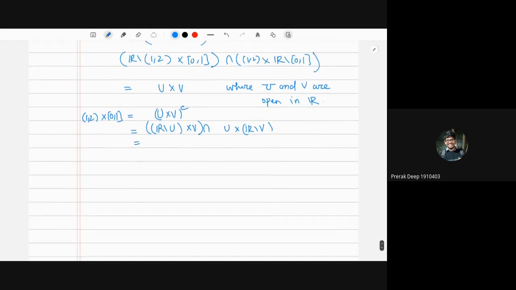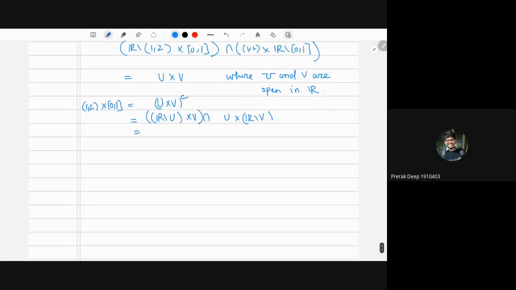Or we can also rewrite it this way. Let's say this is your U and this is your V, then V cross U will look like this. Now if you look at the complement, it must be this whole part.